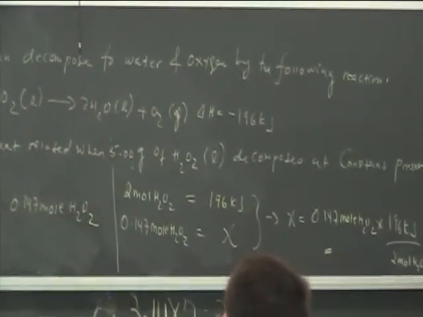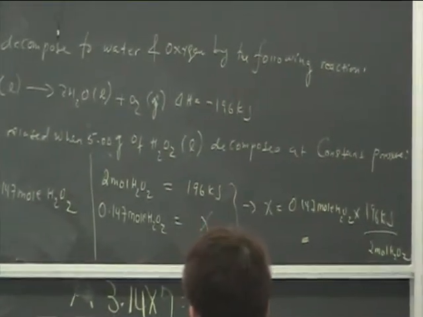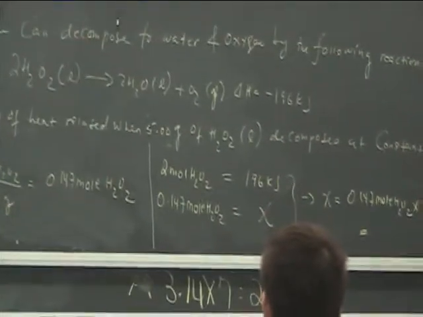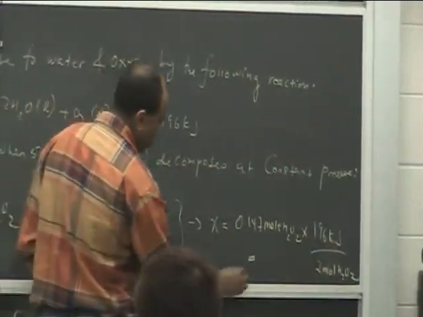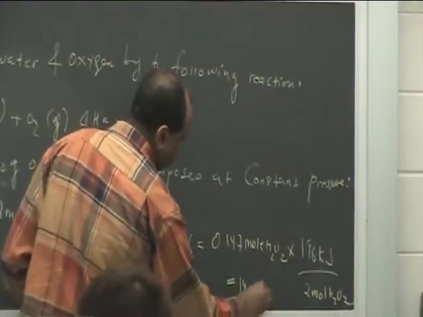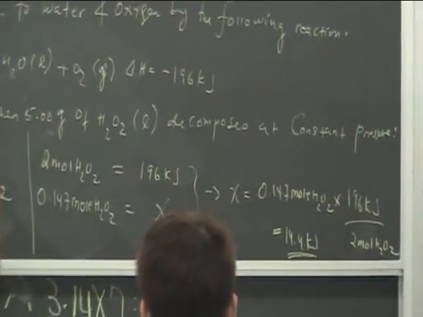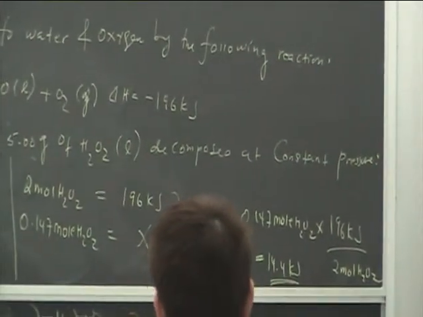So that's how you set up the problem, and you can solve it like this. And it gives you 14.4 kilojoules of energy produced if 5 grams of H2O2 is decomposed.